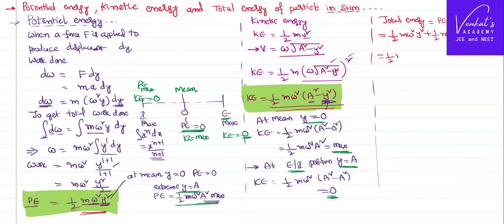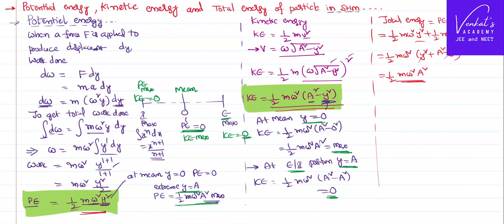In both of them, half m omega square is common. Here y square remains, and here a square minus y square remains. The y squares cancel, leaving half m omega square a square. That's the maximum energy, and at any state it is the total energy itself.